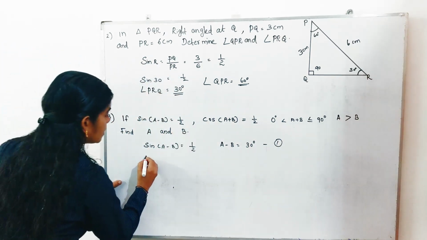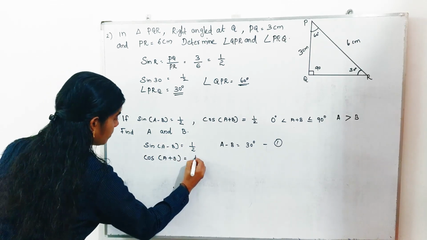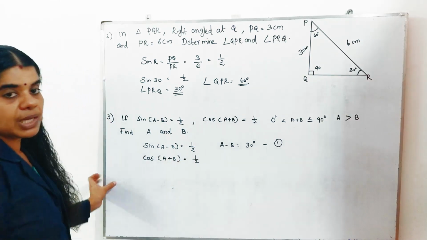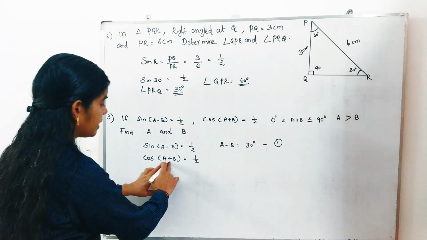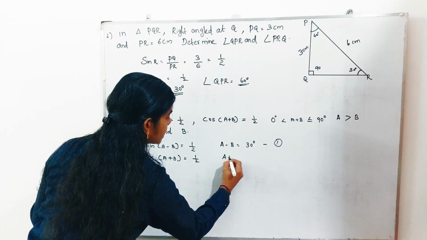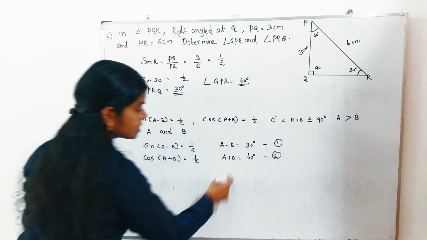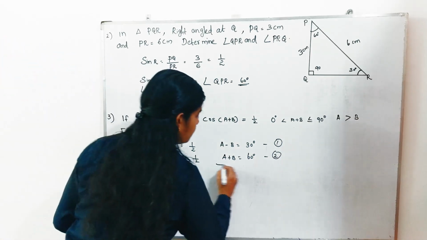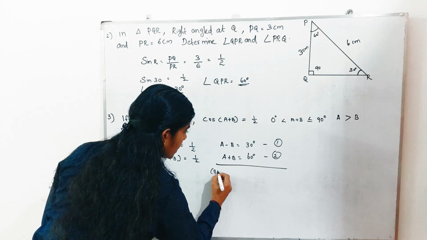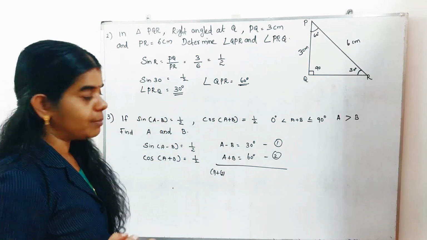Next we are writing cos (A plus B) is equal to 1 by 2. So for which cos value are you getting 1 by 2? Cos 60. So we can write this A plus B is equal to 60 degree. Then just look, this now becomes a linear equation in 2 variables. If you are adding these two equations 1 plus 2, this minus B and plus B will be eliminated.